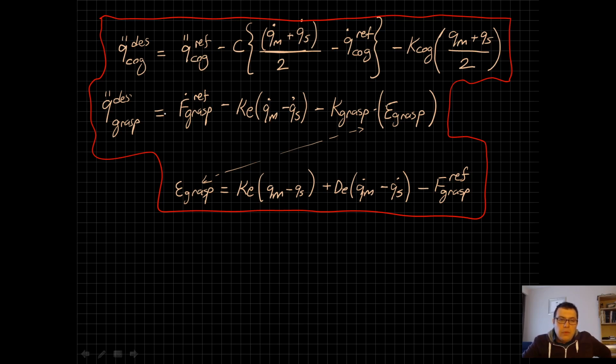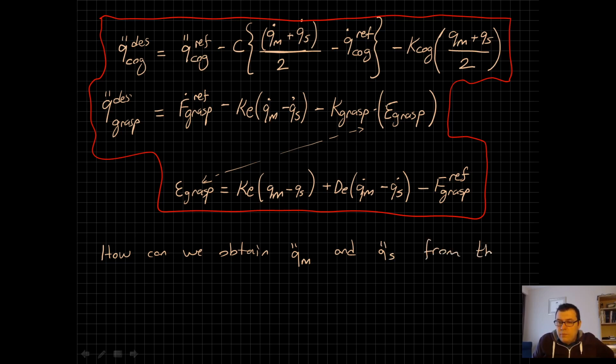So how can we move back? How can we obtain Qm double dot and Qs double dot from these equations? Here we have Q center of gravity desired, and grasp desired.